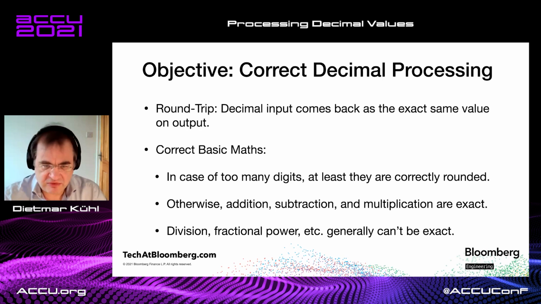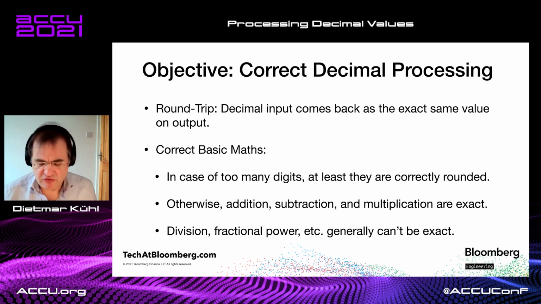That seems to be fundamental, but it's not necessarily entirely given because of reasons, and I'll talk a little bit about these reasons. And on top of that, if we get that straight, I want to do something slightly more ambitious, but still not massively so, and that is I want to do correct basic math. And even for this correct basic math, sometimes if we have a fixed size representation, we cannot necessarily represent results always exactly because of fixed size.